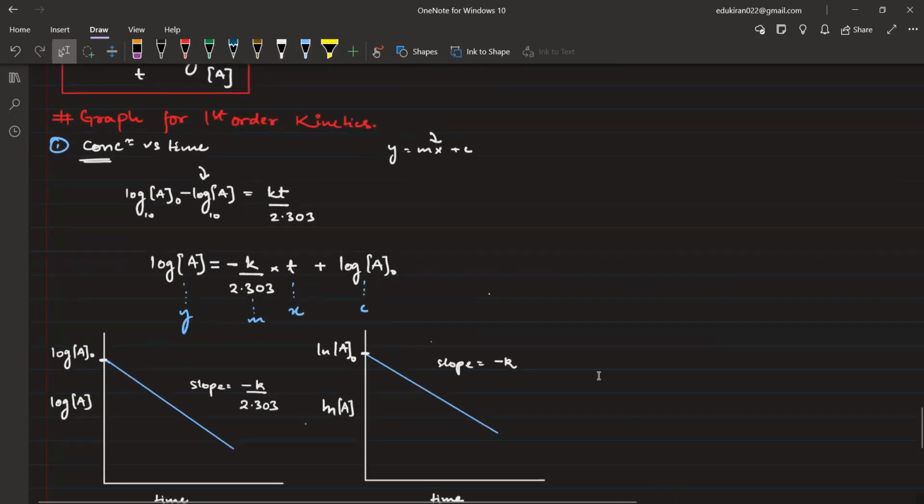Write it down. Let me know if you have drawn both the plots. Done. Quickly draw both plots. Done, yes or no, guys?